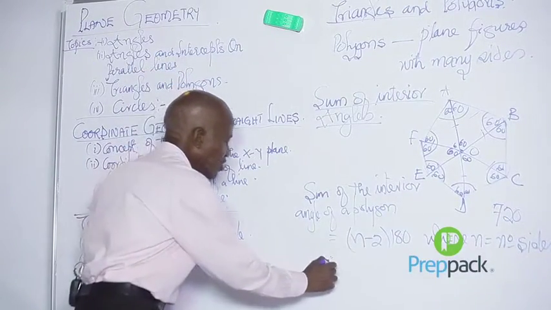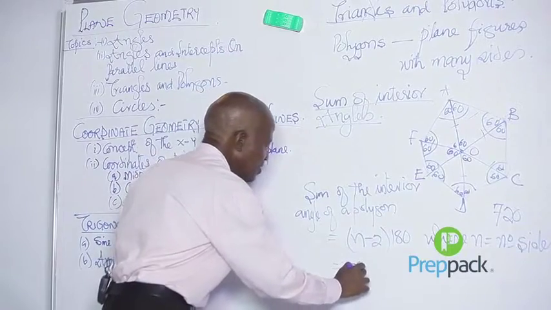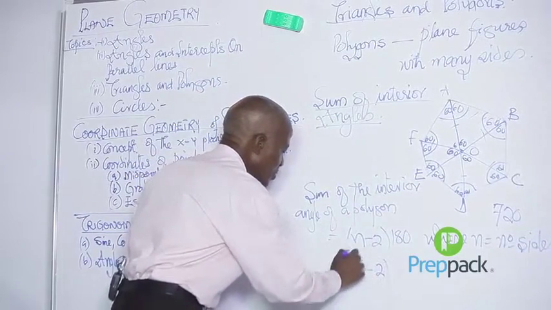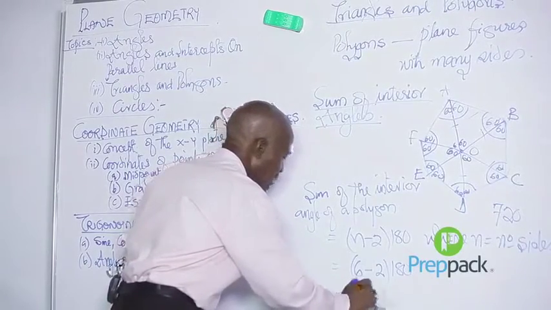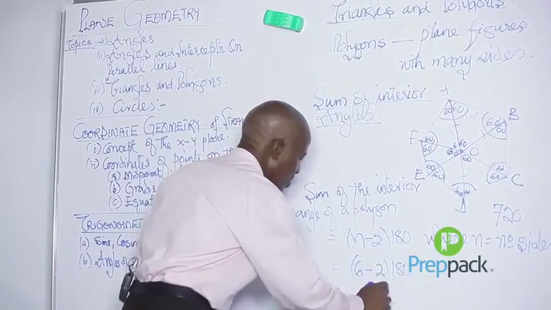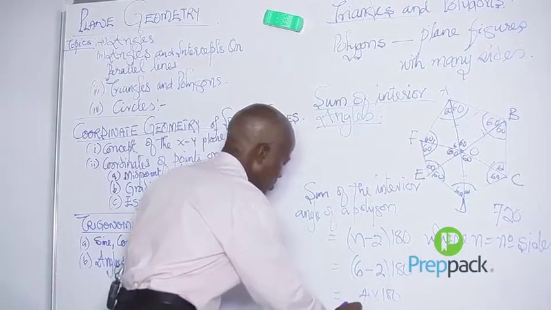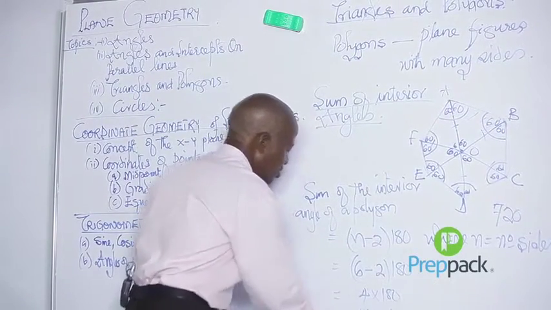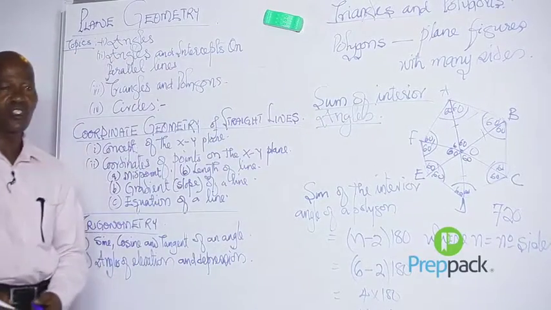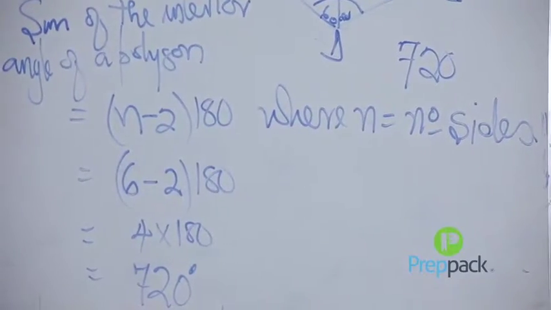If n is equal to 6, then we have 6 minus 2 multiplying 180. And this becomes 4 times 180. This gives us 720 degrees. That is the sum of interior angles.